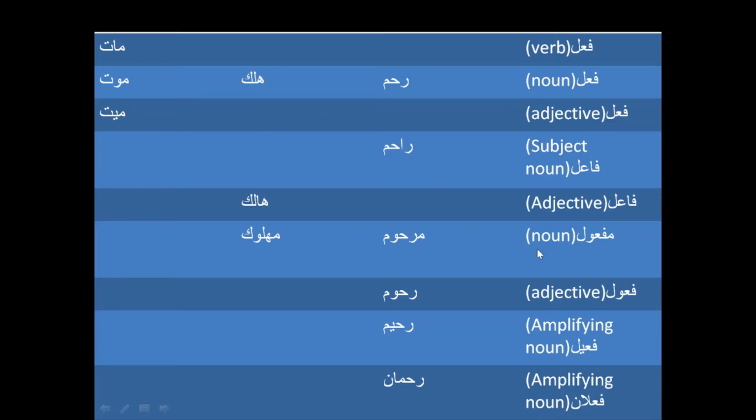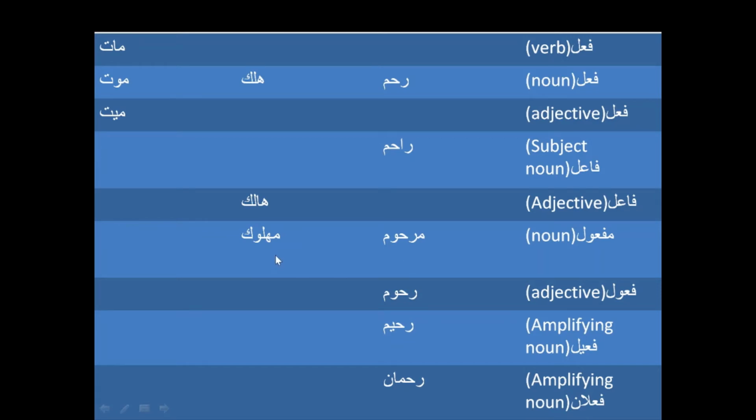But in our cases, this is actually the maf'ool scale. Maf'ool is a noun, and marhoom we use for some people, usually for the dead people. But this marhoom is actually the person who would receive kindness, and we probably use it for the dead people because we hope that after their death they would rest in peace and get kindness from God.